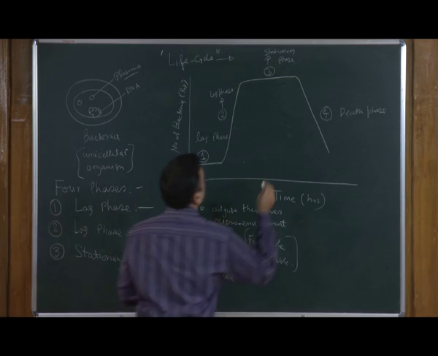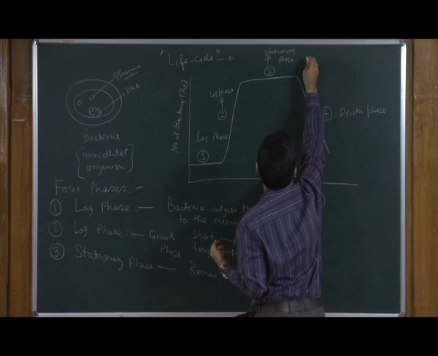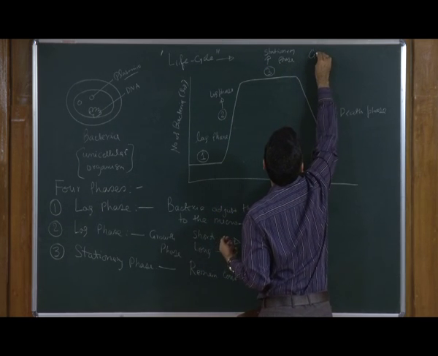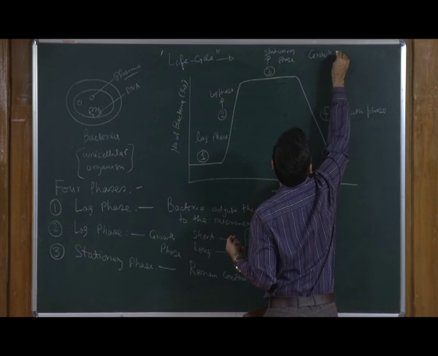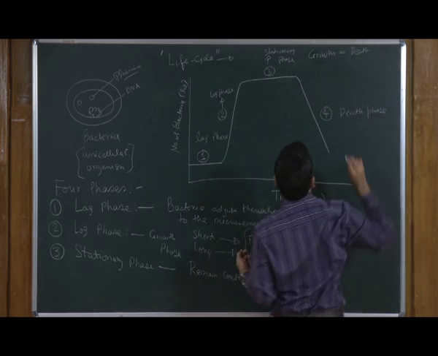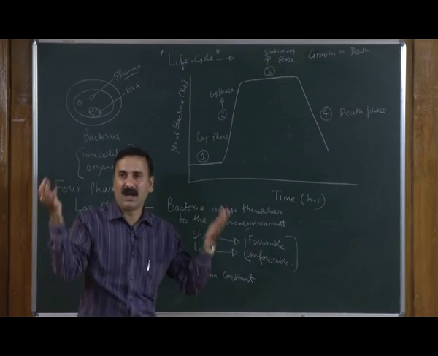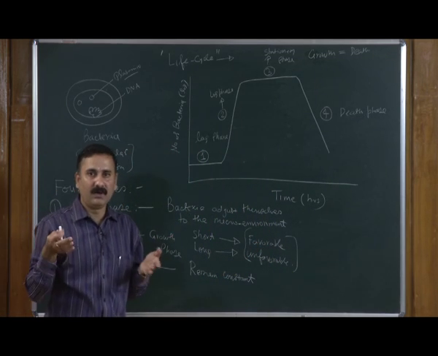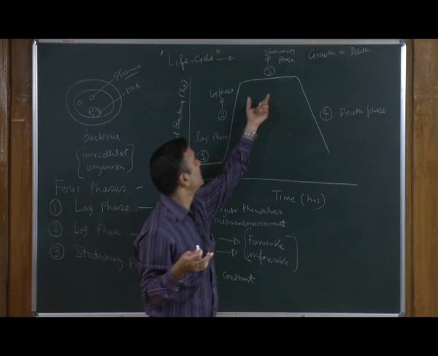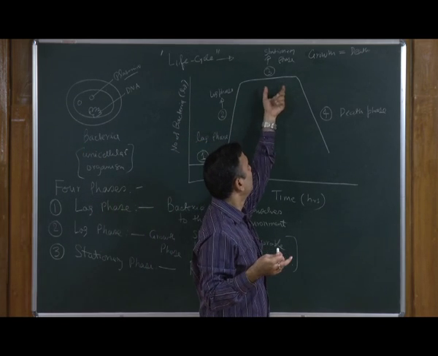What that means is that in this phase, the growth of bacteria is equivalent to the death of bacteria. The number of deaths happening and the number of new cells coming up remain constant at this stage, and it continues like this for some time.